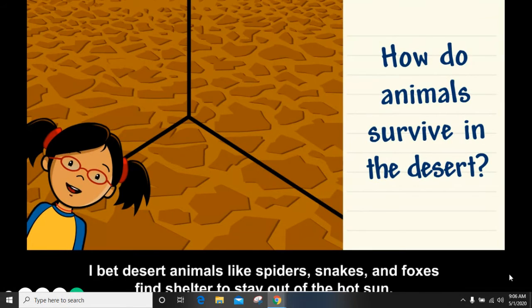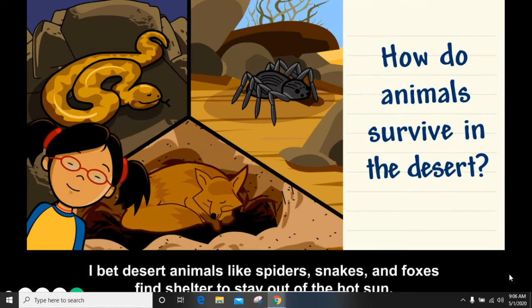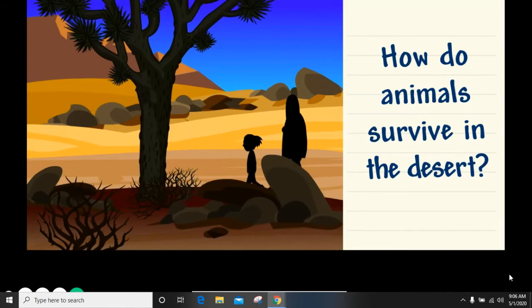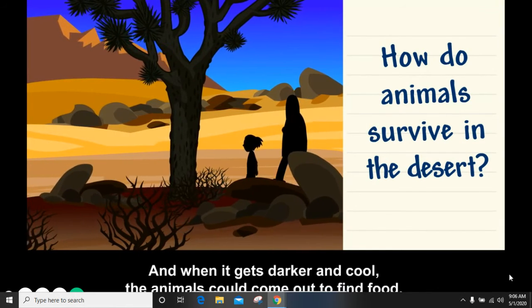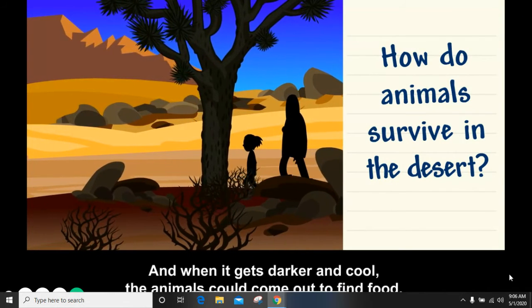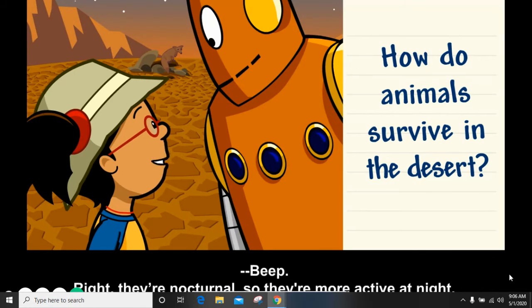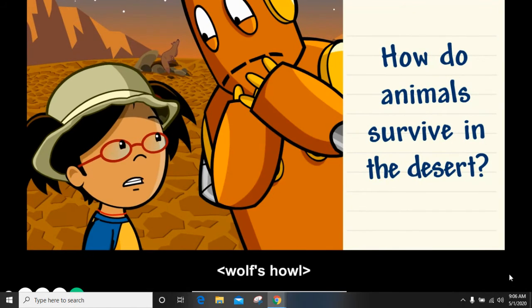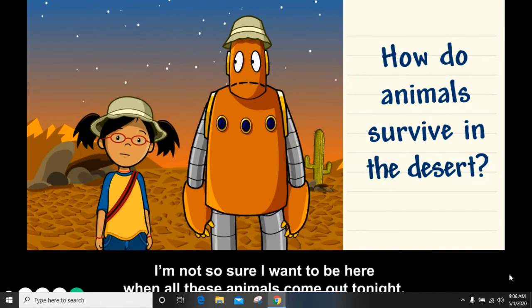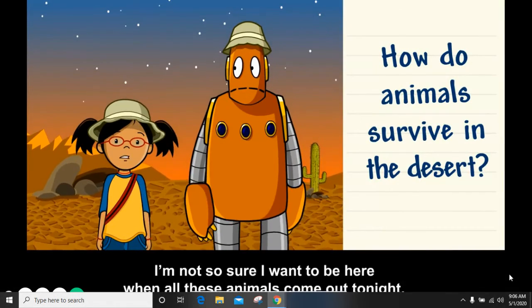I bet desert animals like spiders, snakes, and foxes find shelter to stay out of the hot sun. And when it gets darker and cool, the animals could come out to find food. Right, they're nocturnal, so they're more active at night. I'm not so sure I want to be here when all these animals come out tonight.